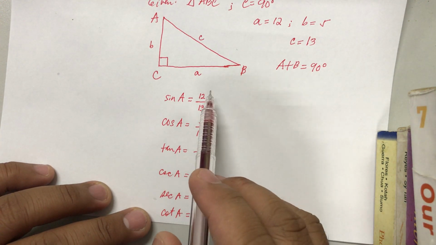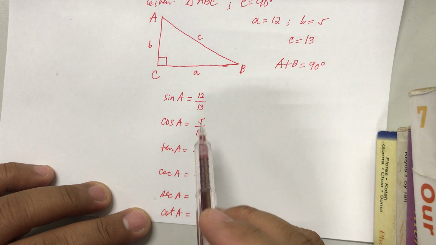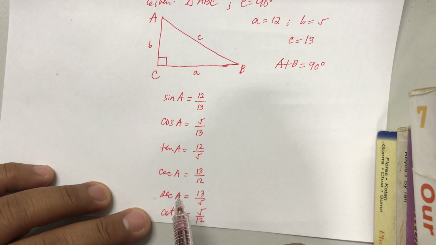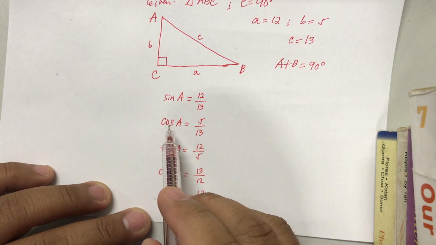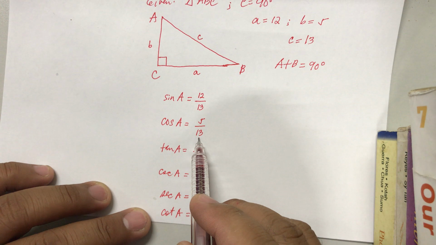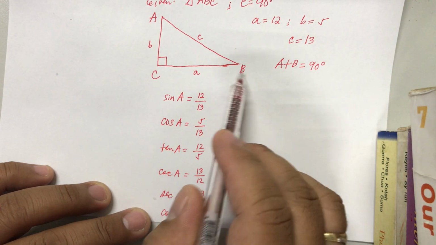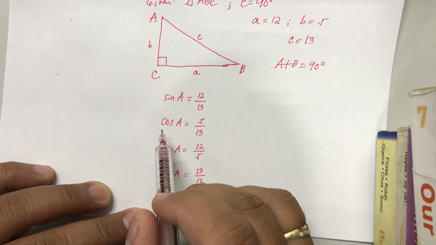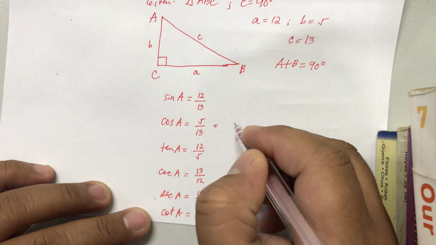Among the six trigonometric function values for angle A, which do you think is equal to sine of angle B? As per observation, since cosine of angle A is 5 over 13, therefore sine of angle B would be equal to cosine of angle A, because both of them are equal to 5 over 13.